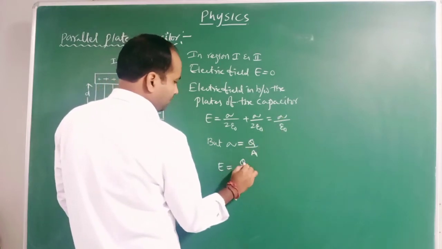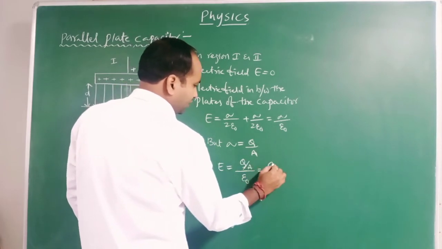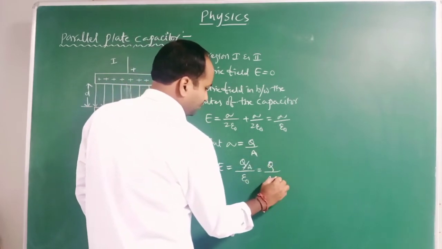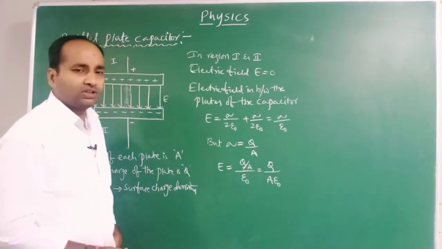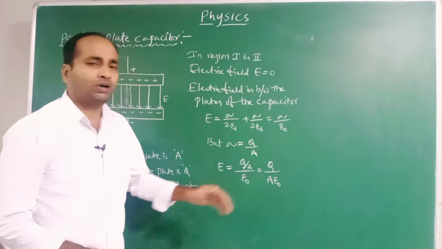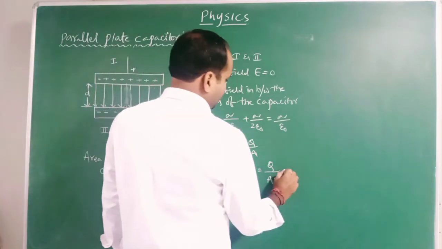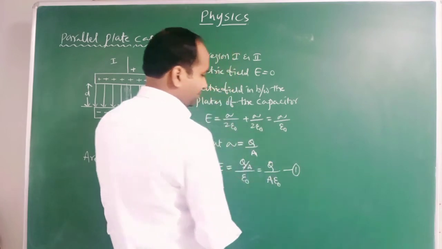Sigma means Q by A, whole by epsilon naught, that is Q by A epsilon naught. So the electric field intensity E is equal to Q by A epsilon naught. Let us take this as equation number 1.